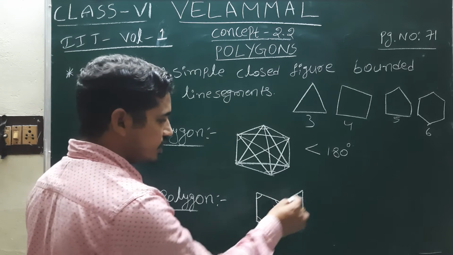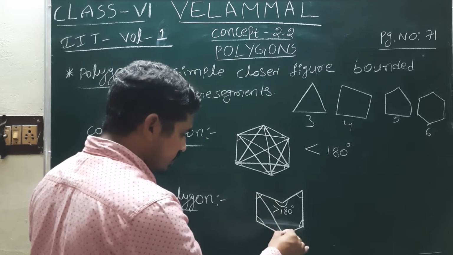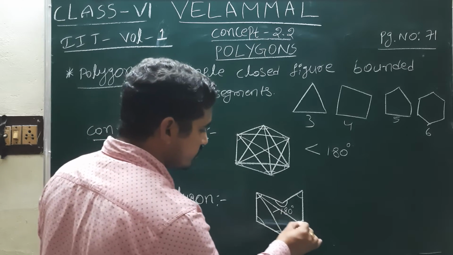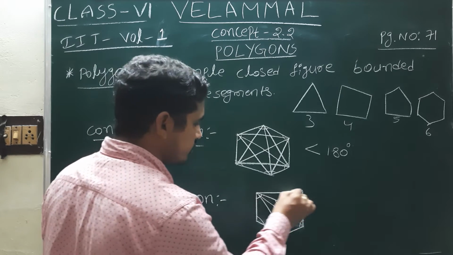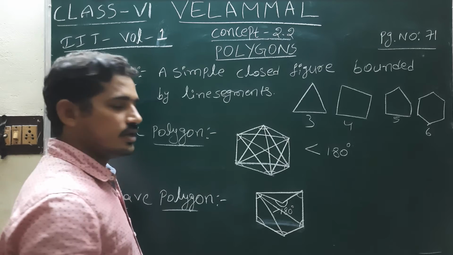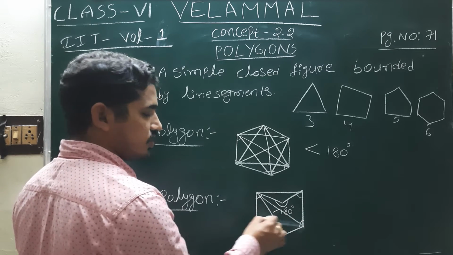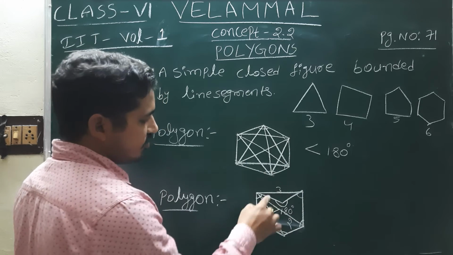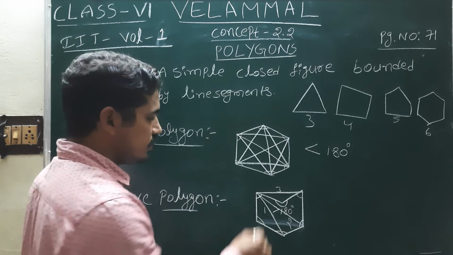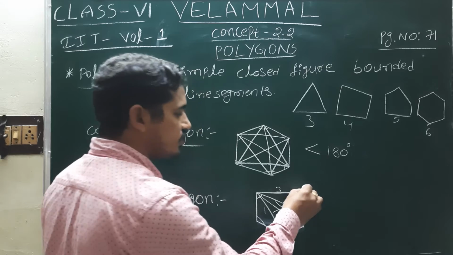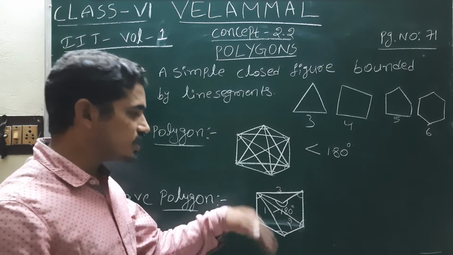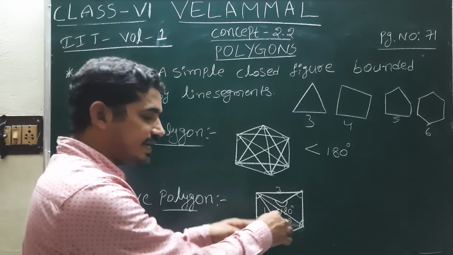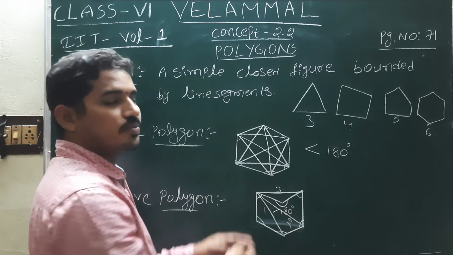So non-adjacent means we join from here to here, and from here to here, and next from here to here. Then these are the diagonals we got: diagonal 1, 2, 3. If you observe the third diagonal, it is outside of the polygon. So it is not interior, it is exterior of the polygon.